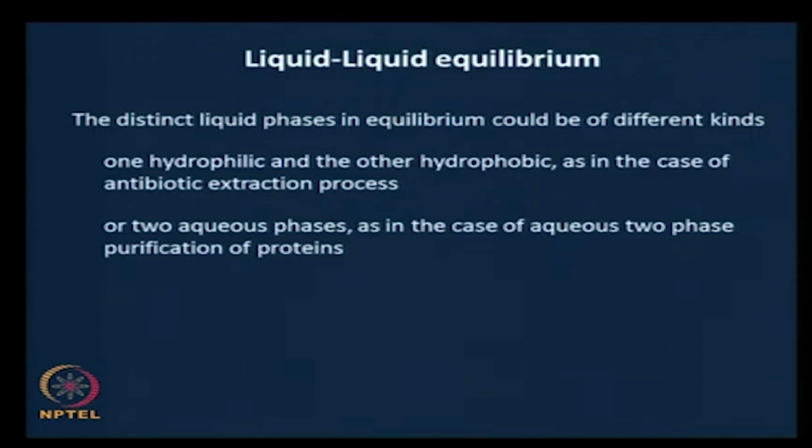And more interestingly, they could even be two aqueous phases, two water-based phases, but which are distinct phases, one sits on top of the other. An example is different mixtures of, let us say, polyethylene glycol and ammonium sulphate salt.